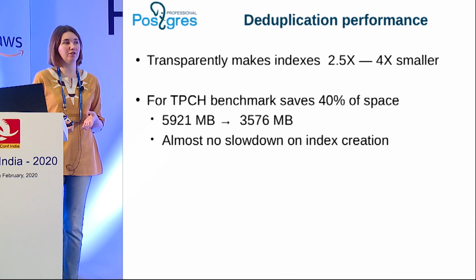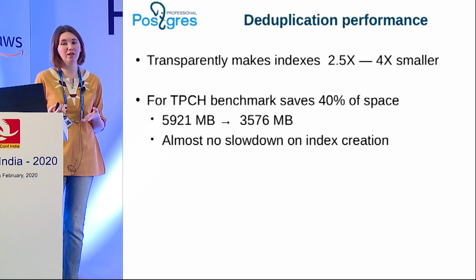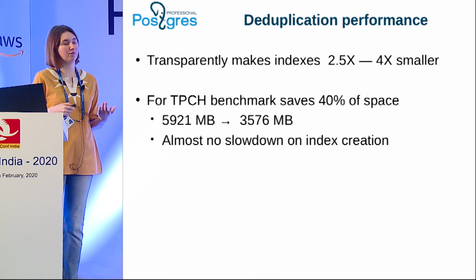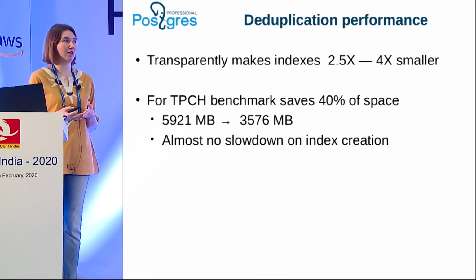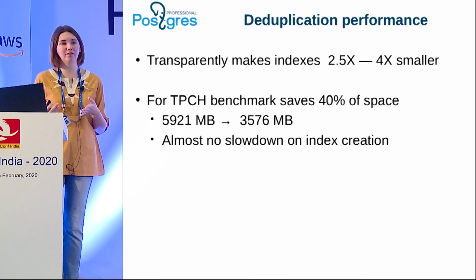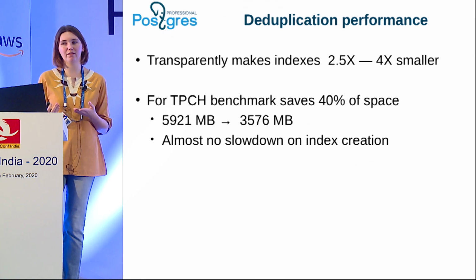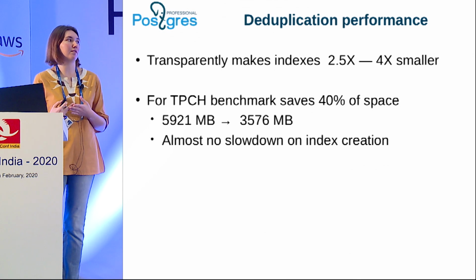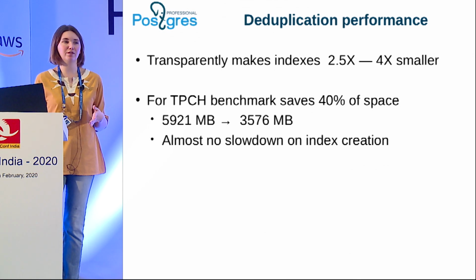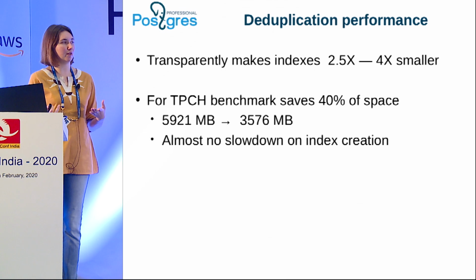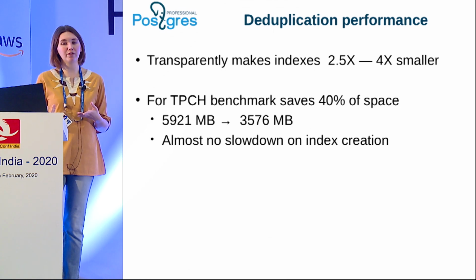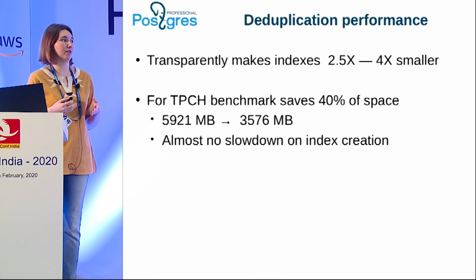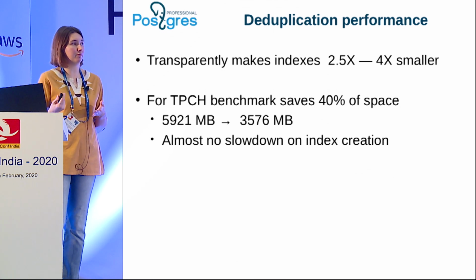Some numbers from benchmarking. The deduplication, from our benchmarks, helps to transparently make indexes 2 to 4 times smaller. I think that's really impressive because it doesn't decrease other performance. It will probably help some indexes to fit into memory so that they will work much faster. And for the TPCH benchmark, we can see that it saves 40% of space.